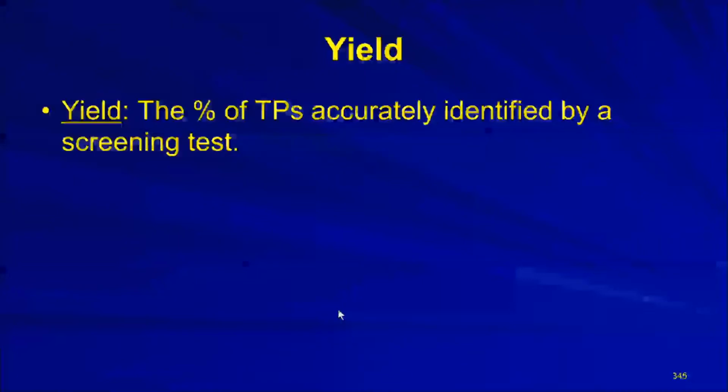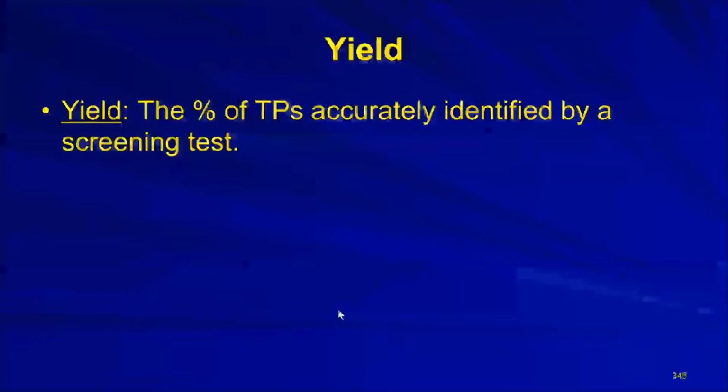Okay? I have a couple of other statistics pertaining to screening tests that I would like to introduce to you. You can see that we have used all rows and all columns, and now we're going to do some diagonal work. I want to introduce the concept of yield because it really has to do philosophically with what a screening test is supposed to do.